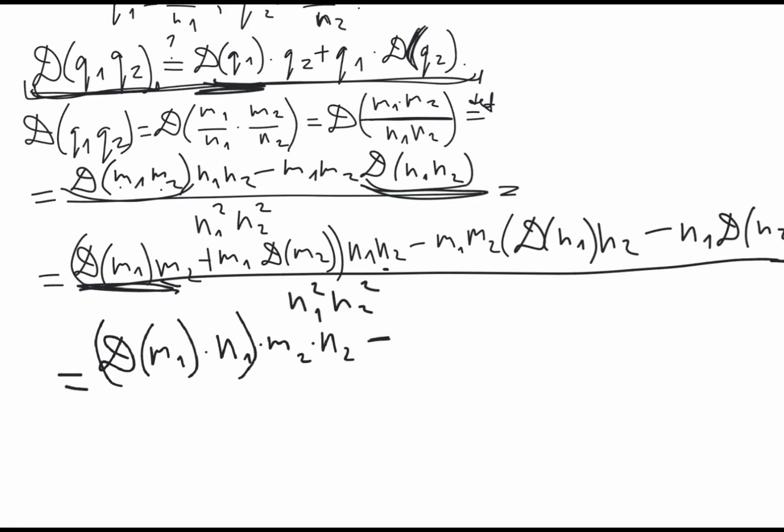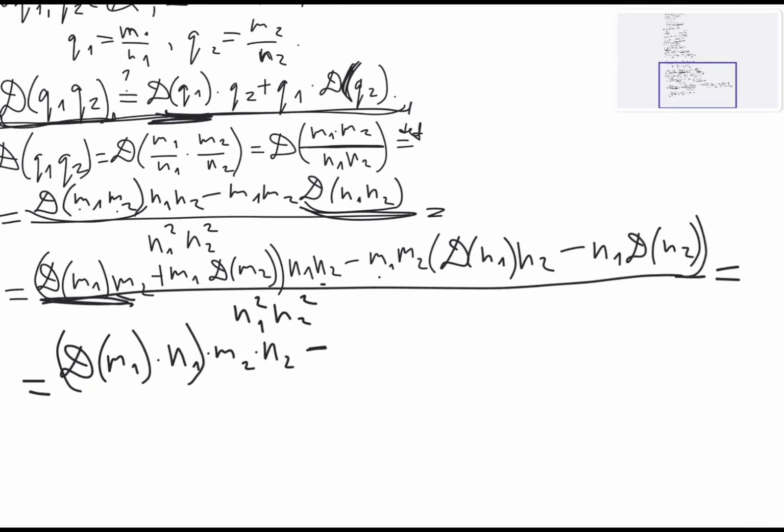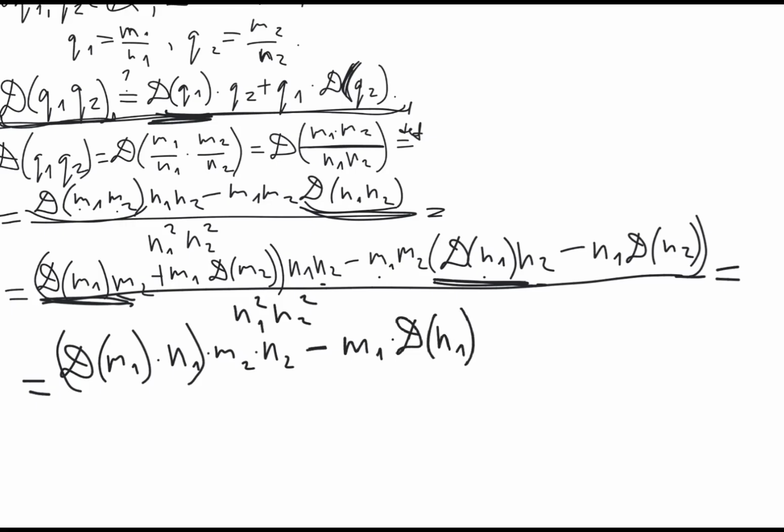Then we have minus, the second term I would leave for now. Then we take m1 and d of n1, so this term would be minus m1 multiplied by d of n1, and everything else is m2 multiplied by n2. And we notice that this multiplier is exactly equal to this multiplier. This is important.